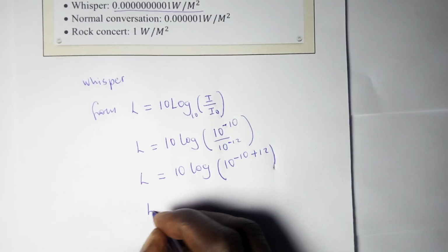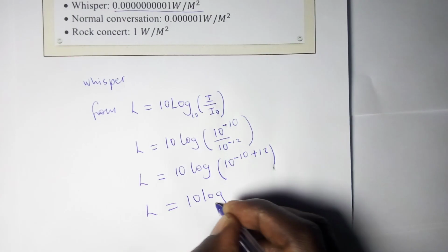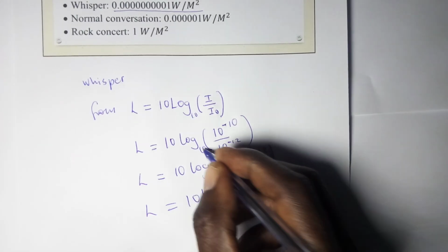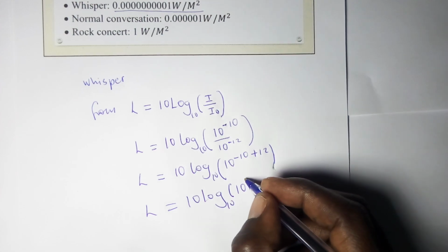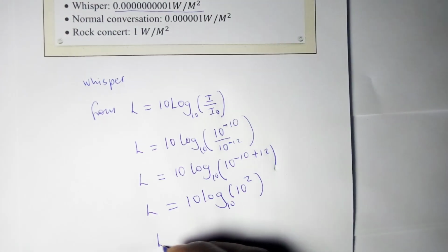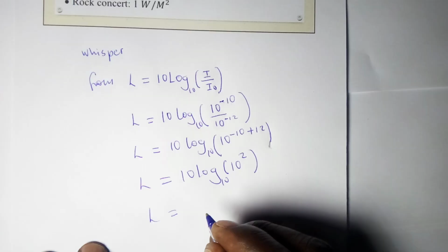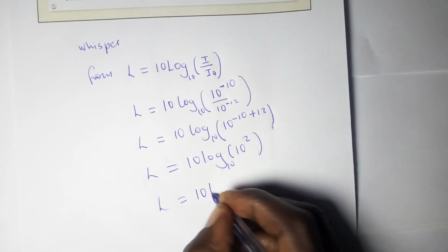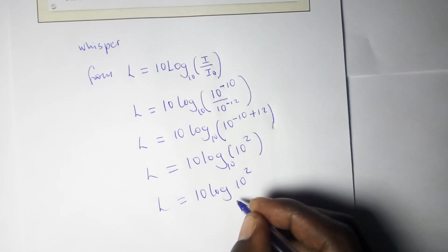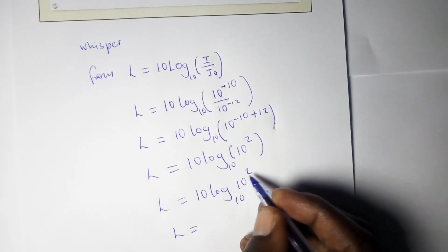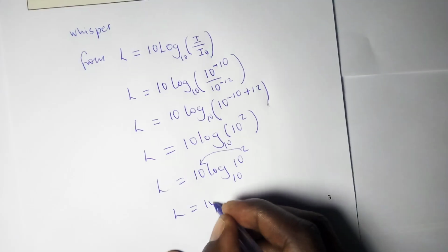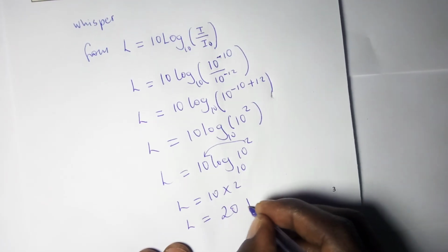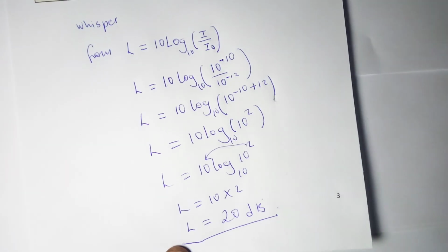So L equals 10 log of 10 power 2, base 10. We drop the power and have 10 times 2. So L equals 20 decibels. That is what we call a whisper.